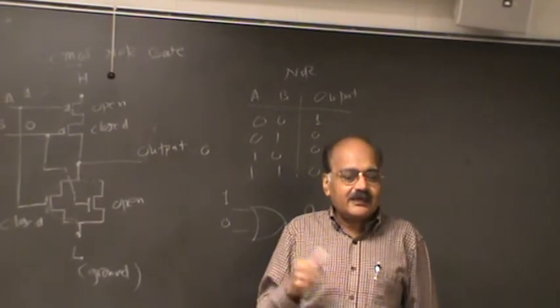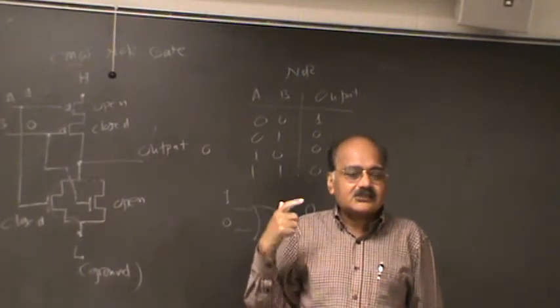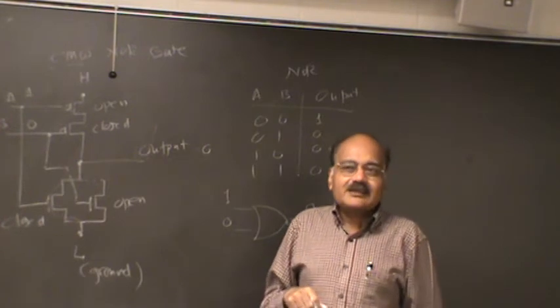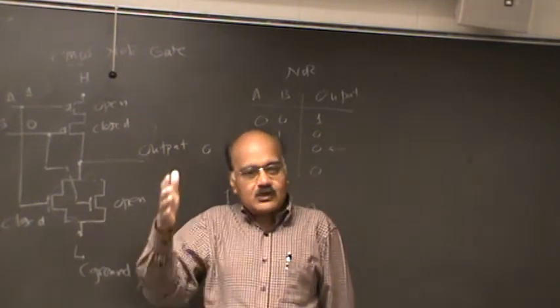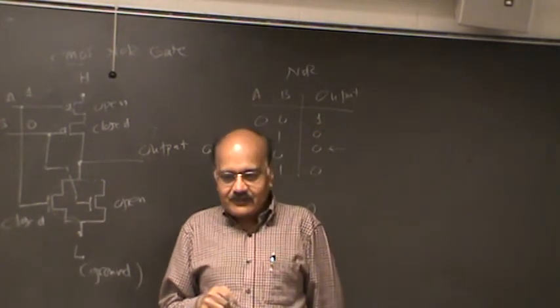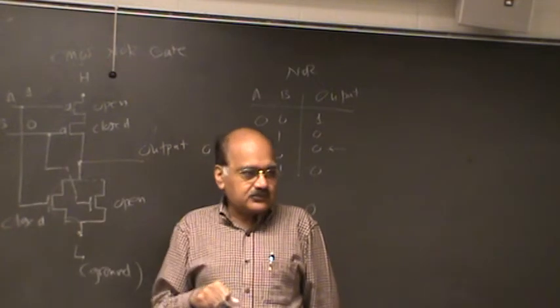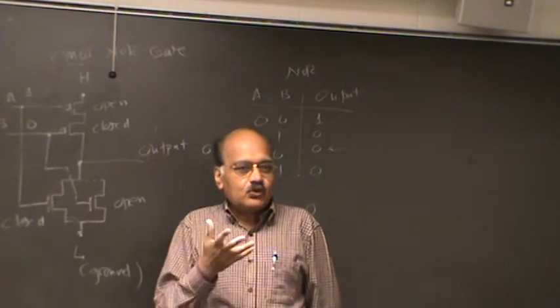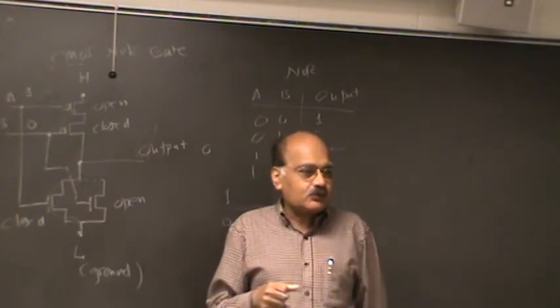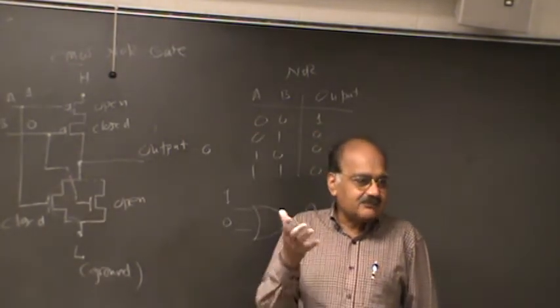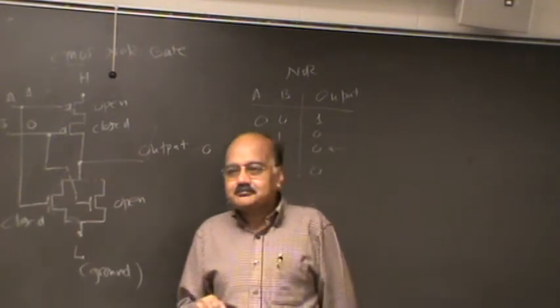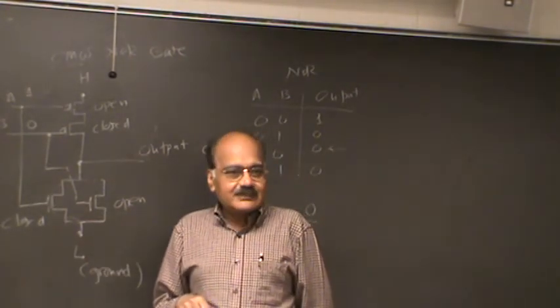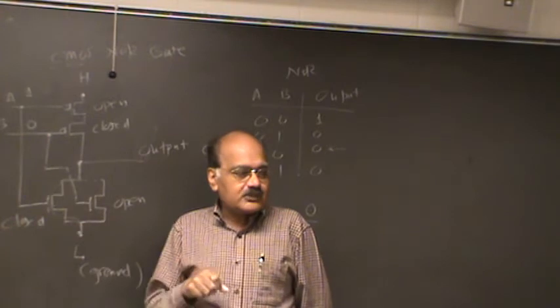Whenever a CMOS gate is not switching, it will consume no power because there's no current flowing through it. But of course, some of you know more details, so there actually would be some kind of leakage current, which is a very small amount of current. But no significant current would be flowing, except during switching.